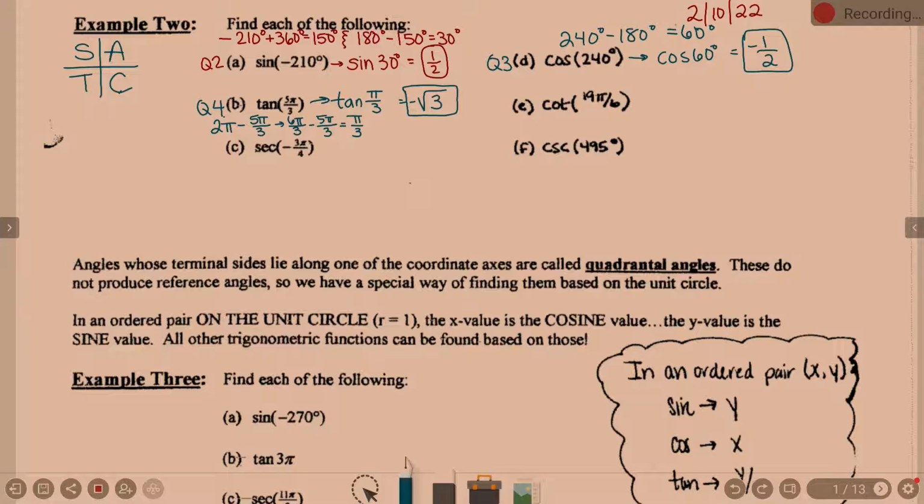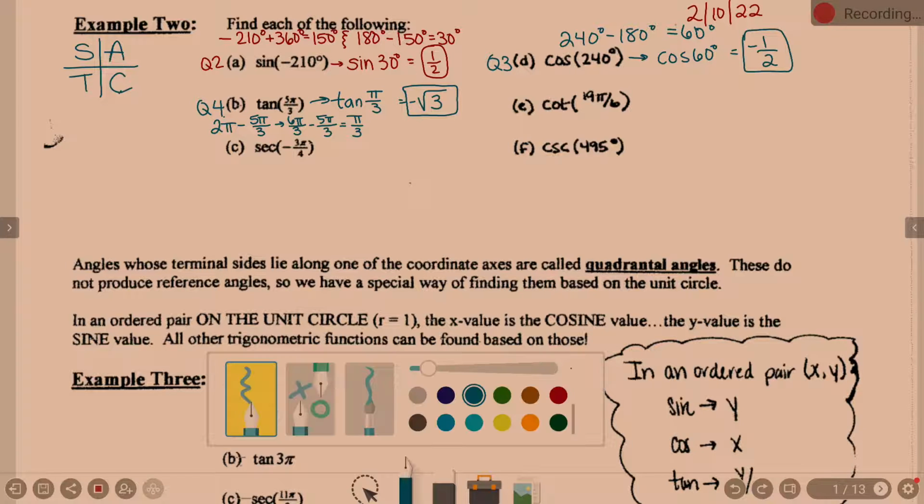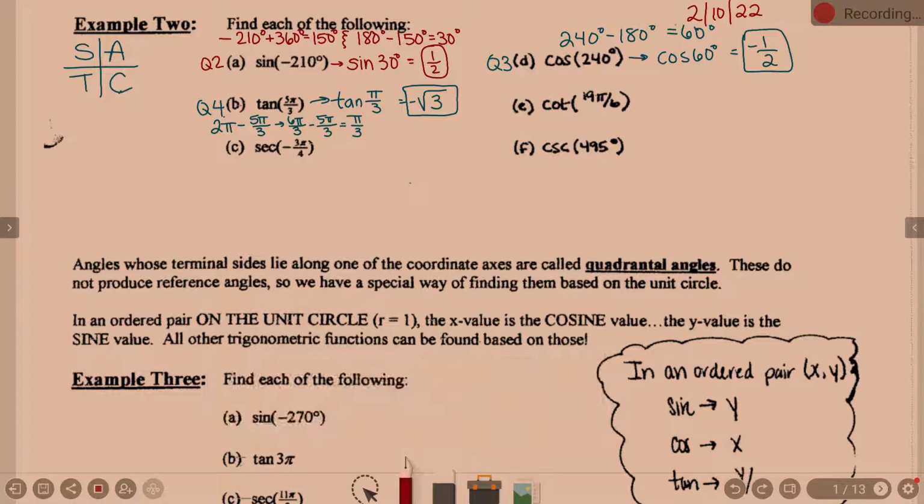It's bigger than 2 pi, isn't it? It's bigger than once around the circle, which makes it hard to figure out where 19 pi over 6 is going to land. So, do you remember what I had us do yesterday? We're going to take 19 pi over 6 and do what with it, so we can get it to a workable angle? Subtract 2 pi. Subtract 2 pi, you got it.